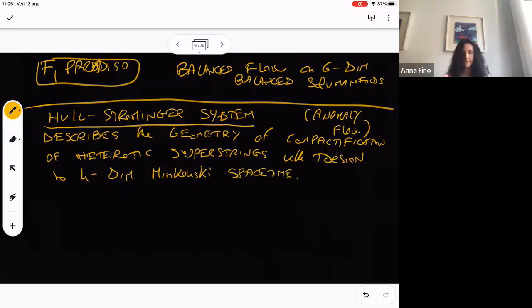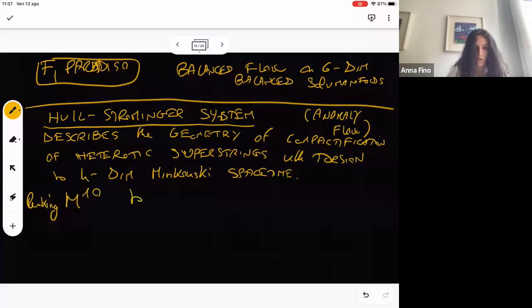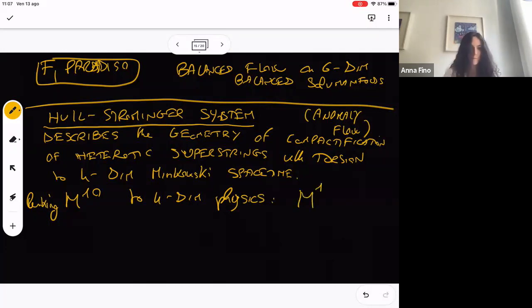So what is a string compactification? Roughly speaking, it is a process where we want to link a 10-dimensional manifold to 4-dimensional physics. That's roughly the idea. So locally, doing these links means that you write your 10-manifold locally as a product of Minkowski space, a copy of R^{1,3} with a Lorentzian metric, times M6.